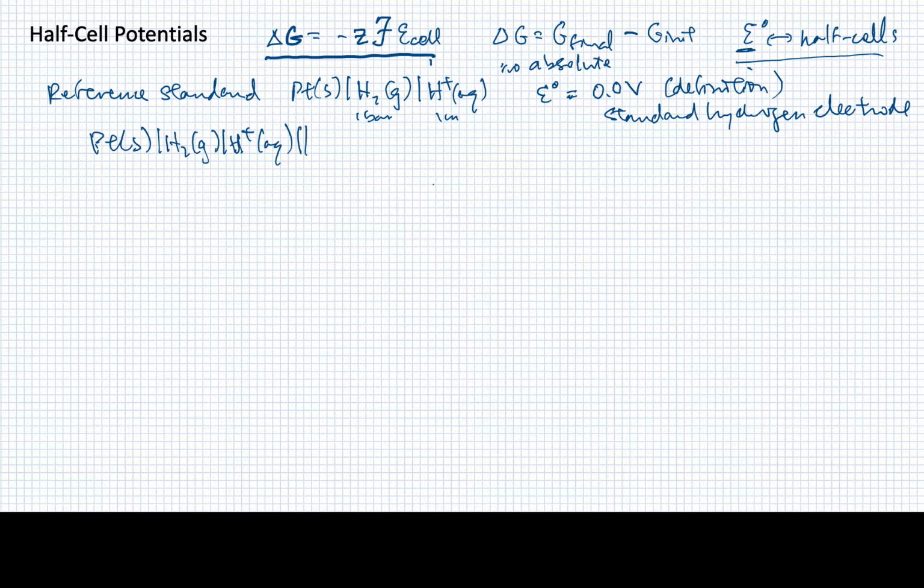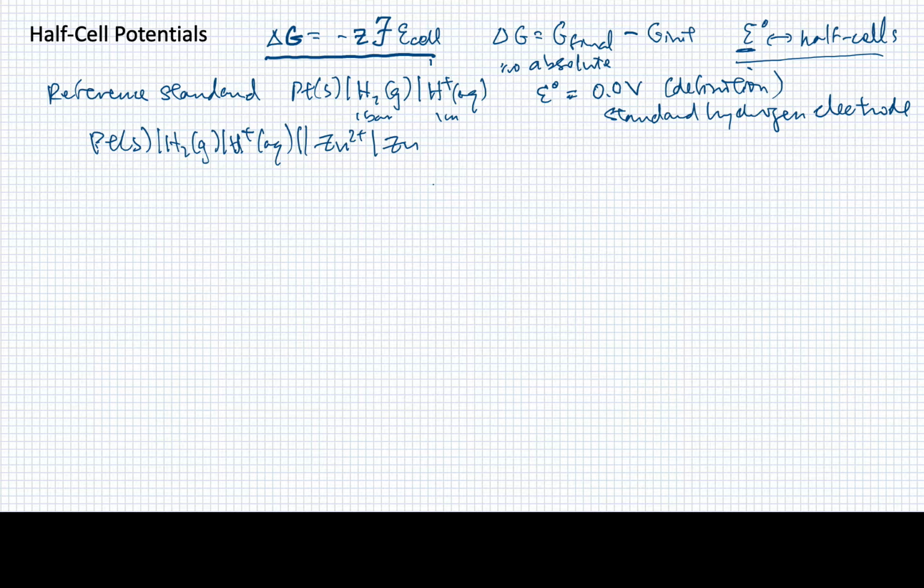Okay, and let's suppose we hook it up to, let's say the zinc electrode that we used earlier as an example. Now the way I've set this up, normally we would set the anode on the left and the cathode on the right, but before measuring this, we don't know which way the electrons are going to flow, so we don't know yet if the hydrogen electrode truly represents the anode or not.